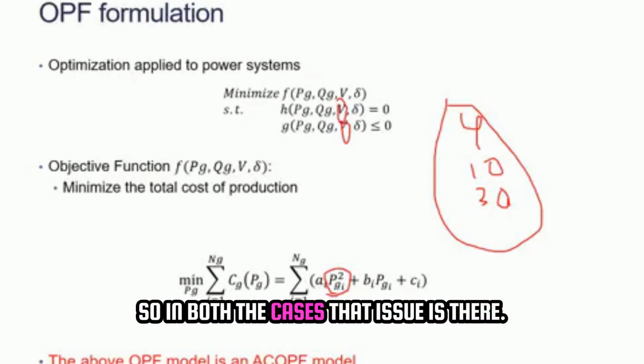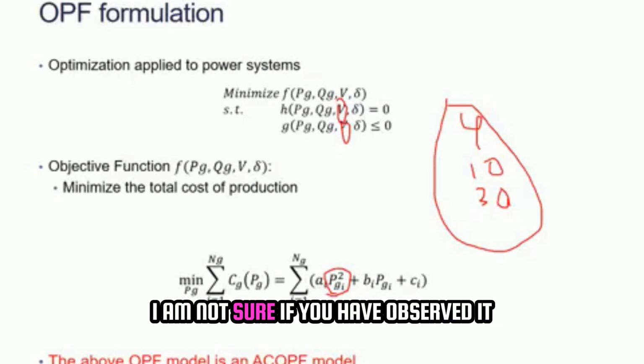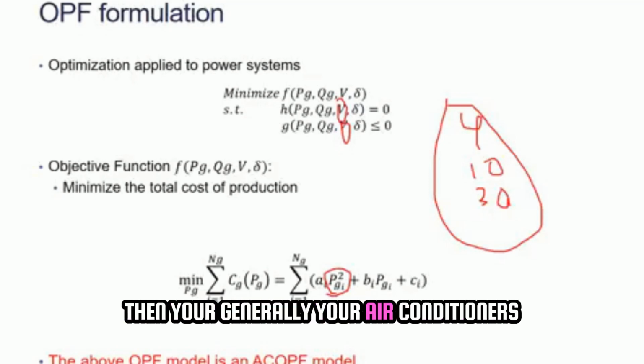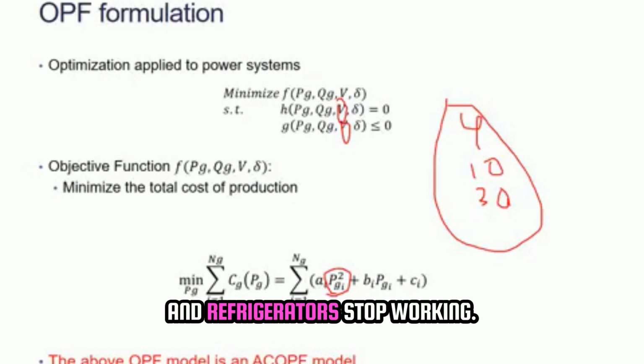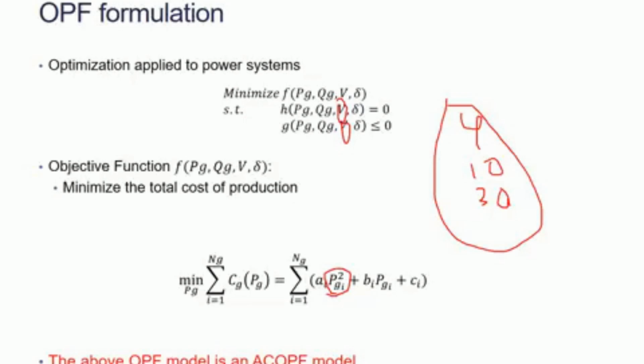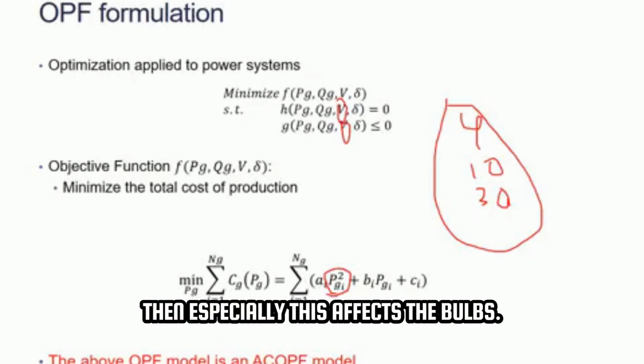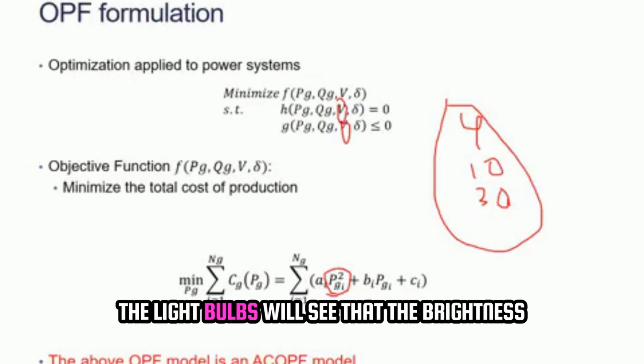I'm not sure if you have observed it, but if the voltage is very low, then generally your air conditioners and refrigerators stop working properly. And if the voltage is very high, then especially this affects the light bulbs.